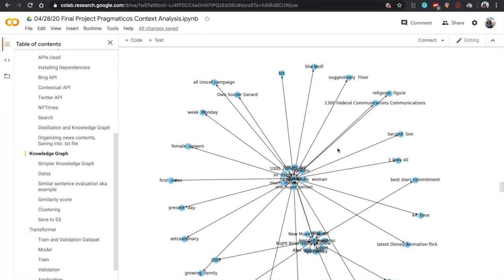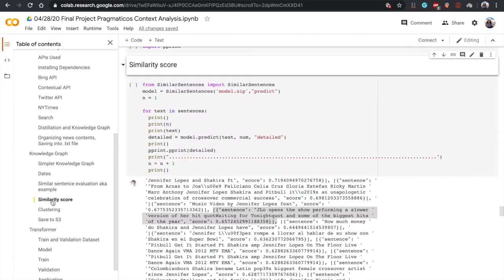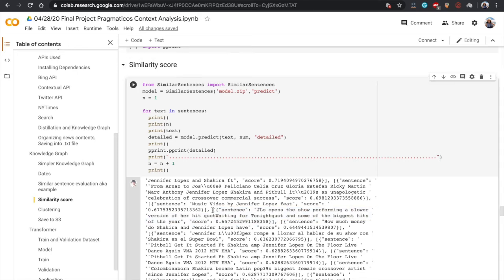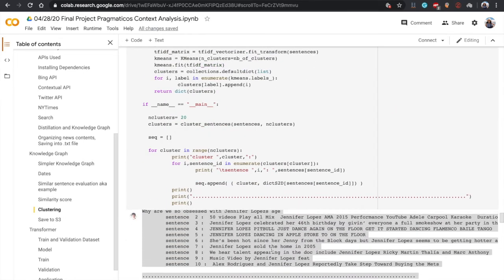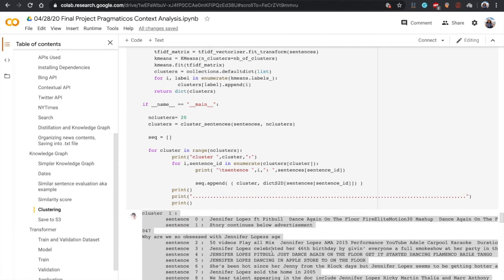We have built the knowledge graph using the popular spaCy library. Later, we calculated the similarity score between every other sentence obtained from the above APIs. Further, the sentences are clustered or bucketed based on the similarity score and the knowledge graph results.